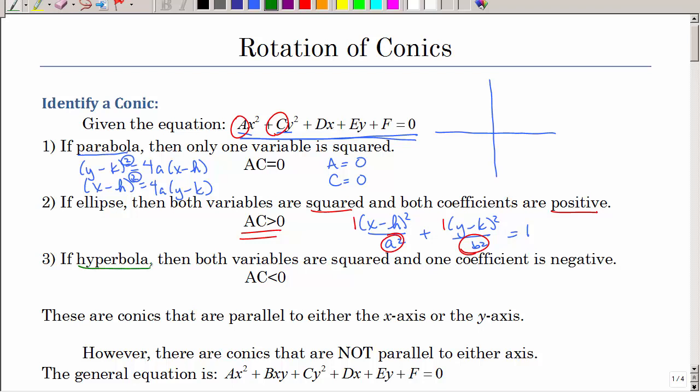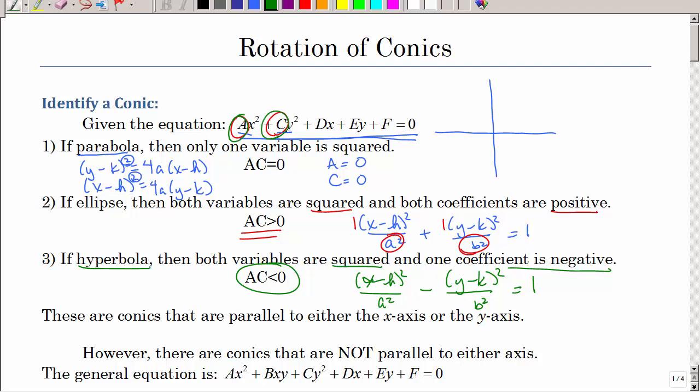On the hyperbola, we either had x minus h squared minus y minus k squared, or we had a subtraction sign and switched them, meaning both variables are squared, but one coefficient is negative, so when you multiply a times c together, you get something negative.